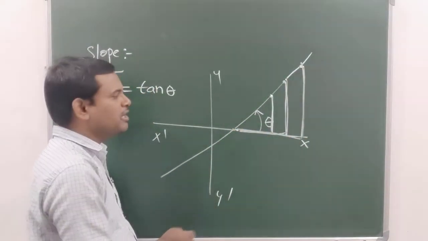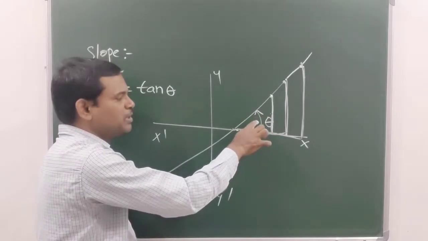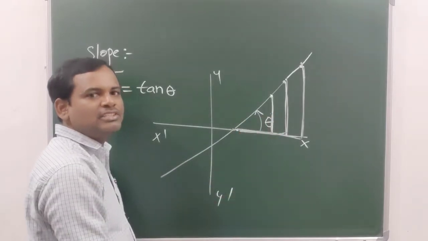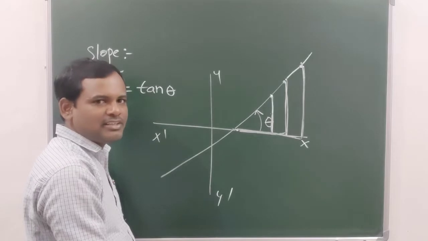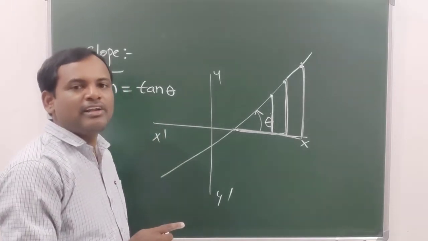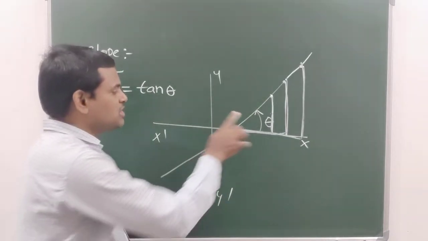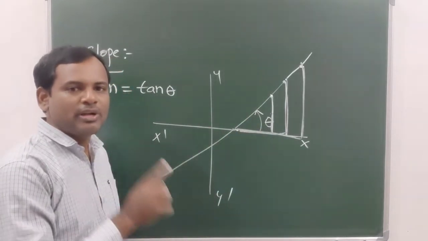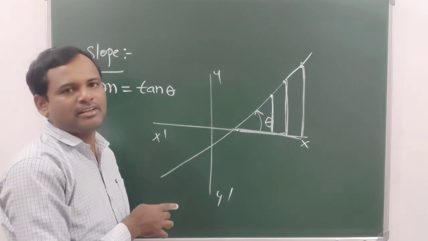As you know, the ratio of these two with respect to this inclination is known as the tangent ratio. Hence, we define the tangent ratio with respect to this inclination to get the slope of this straight line.